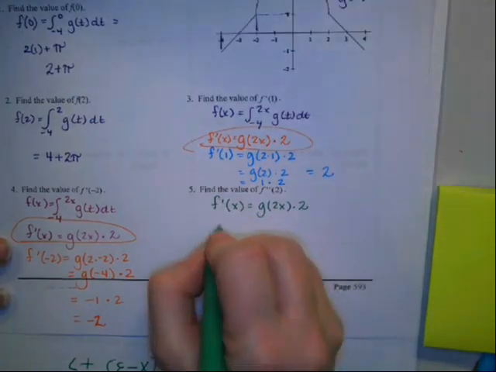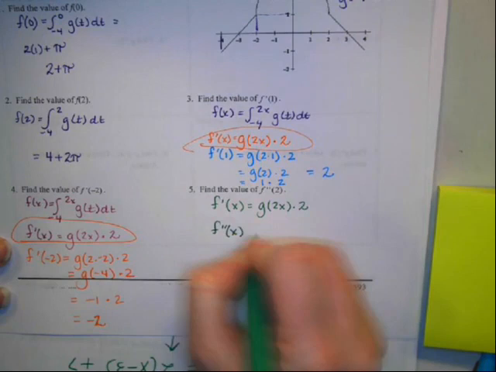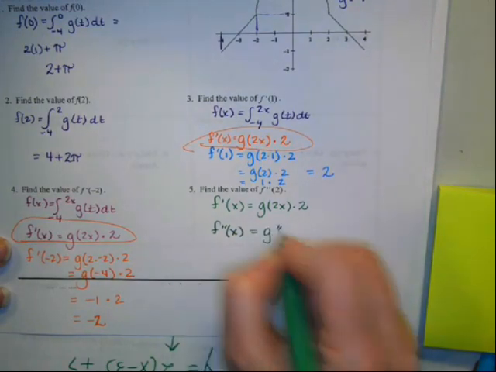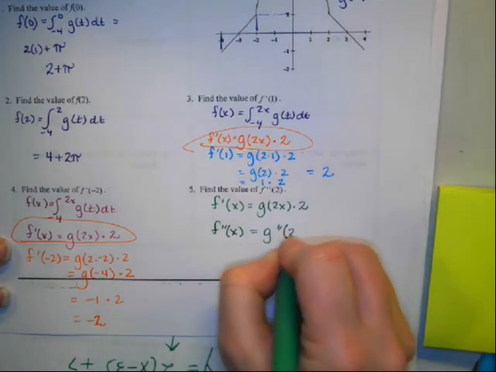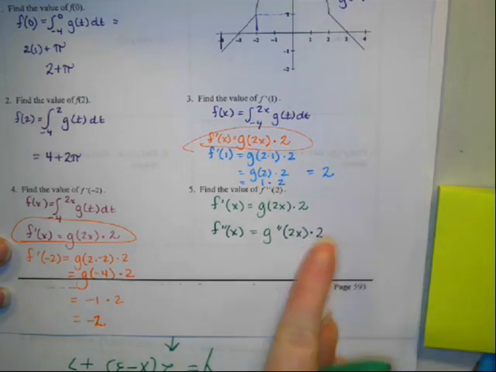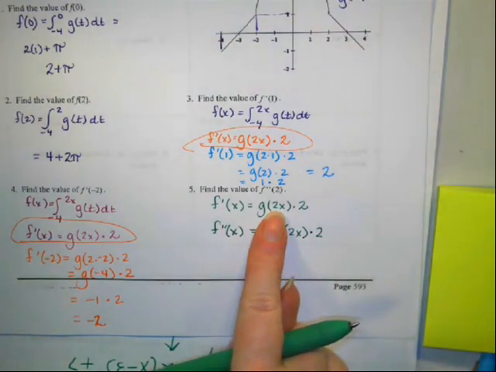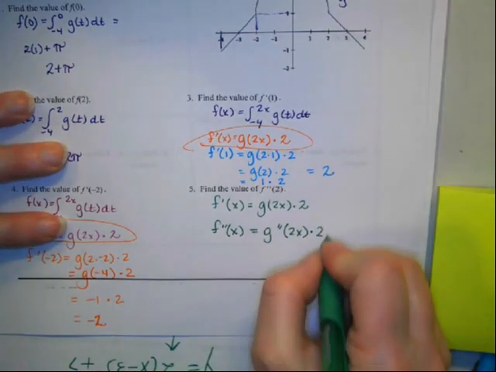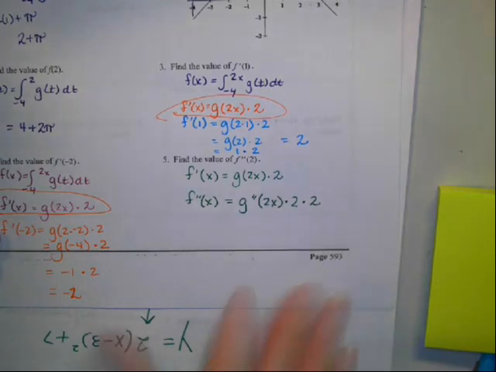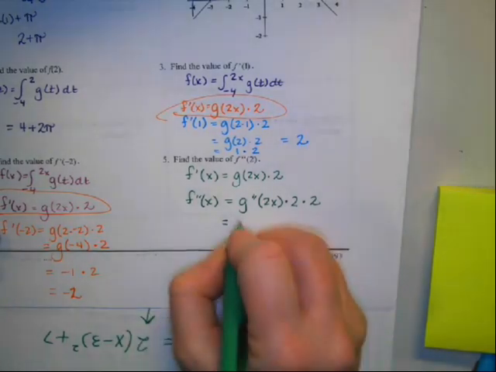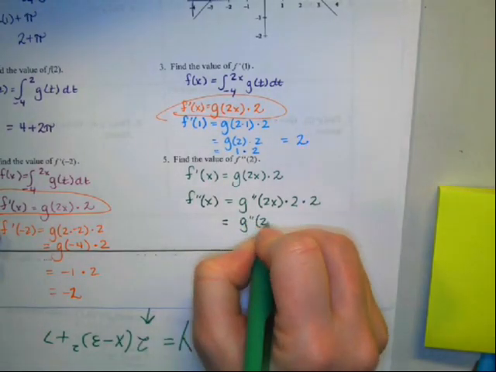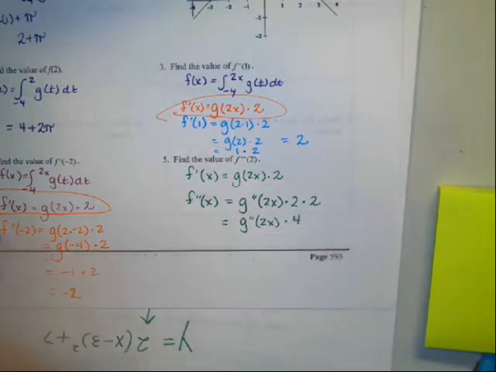So f double prime is just going to be g double prime of 2x times 2. But because we have a function inside of our g, you have to chain rule that. I have to take the derivative of the inside piece, so times 2 again, which means I'll rewrite it as g double prime of 2x times 4.